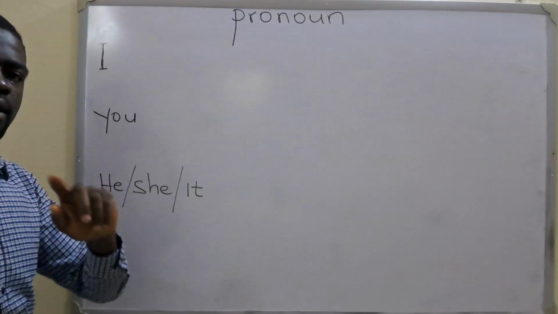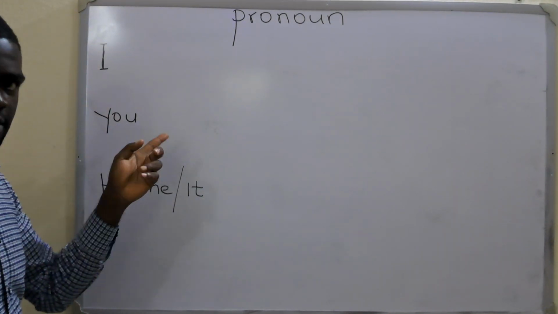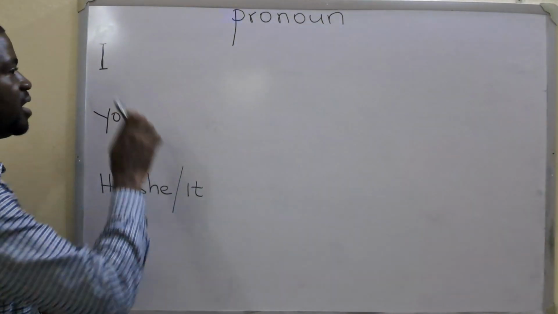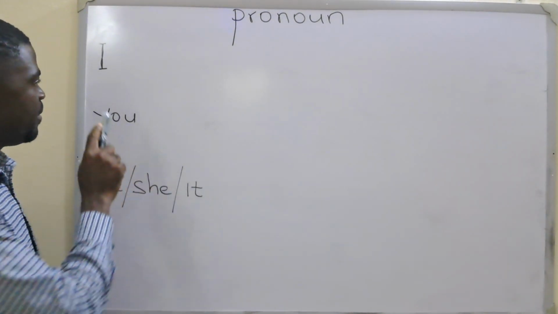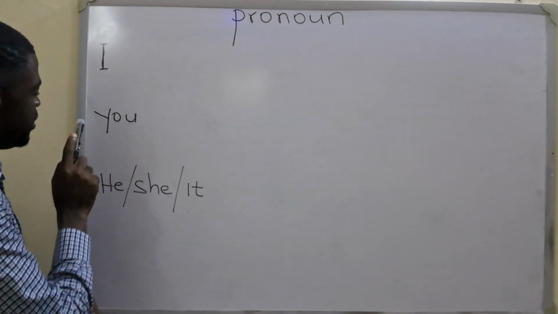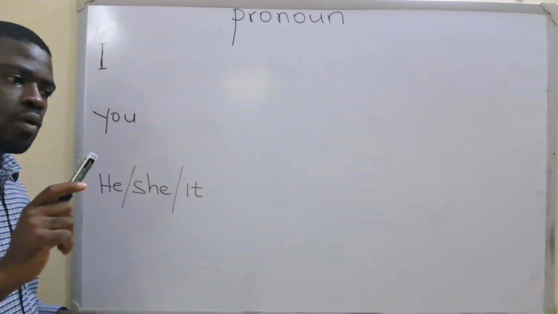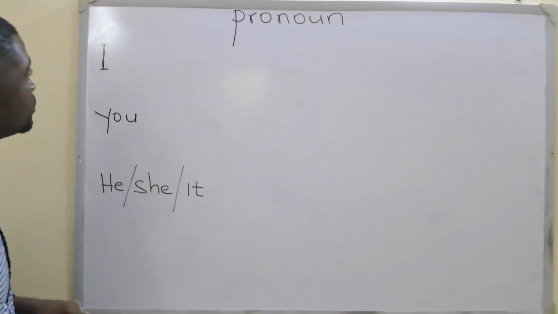That is the topic of discussion. You will be the second person. I will be the first person. So the first person is the person speaking. The second person is the person the first person is talking to. The third person is who or what the speaker is talking about.